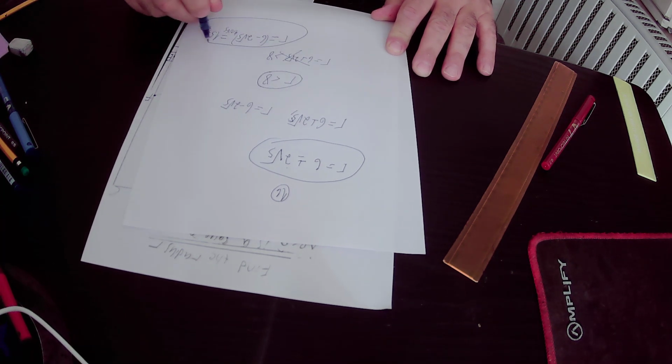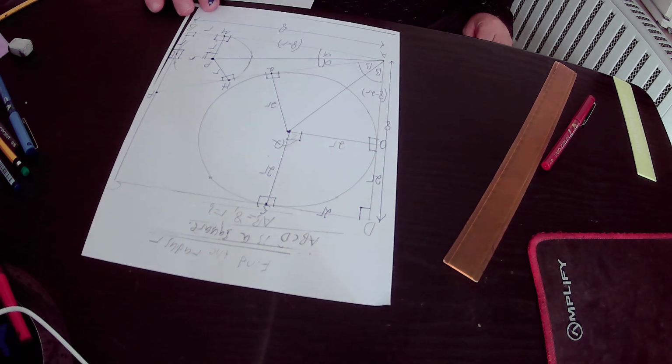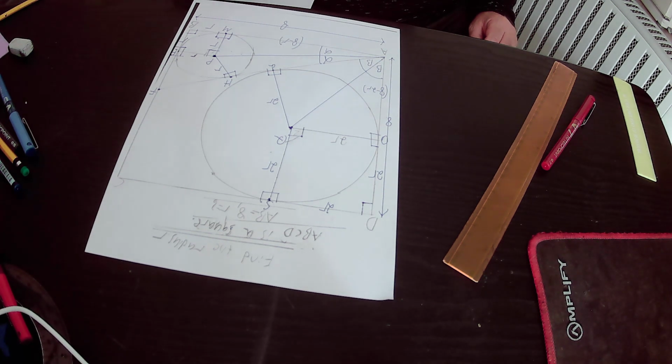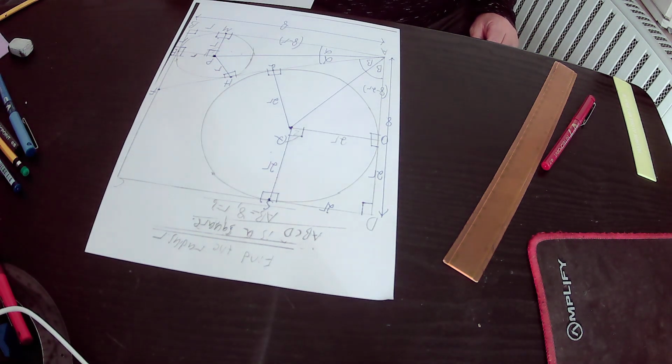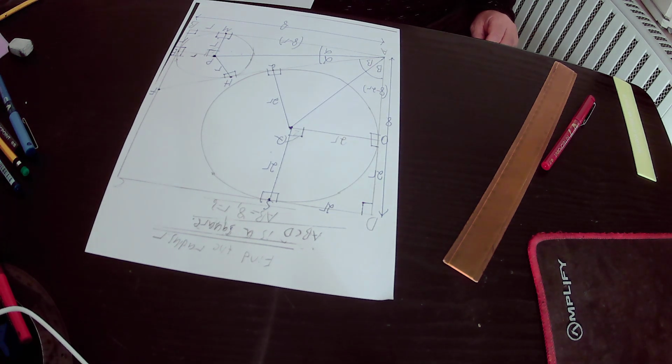So I repeat the answer again. We found that the radius of this small circle R equals 6 minus 2 times root 5 units, or in terms of numbers, 1.53 units.